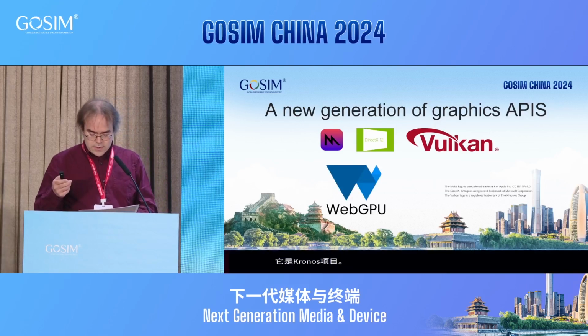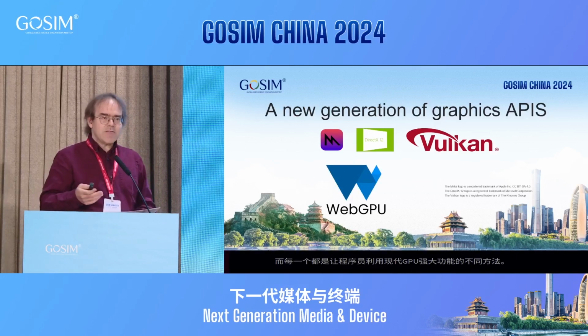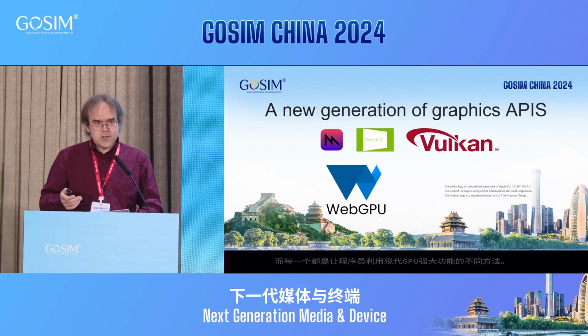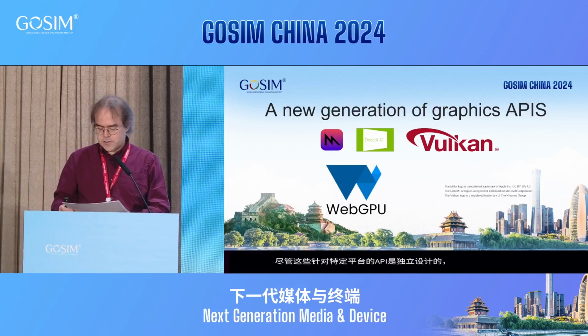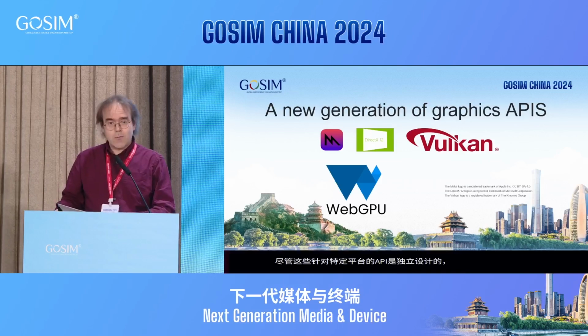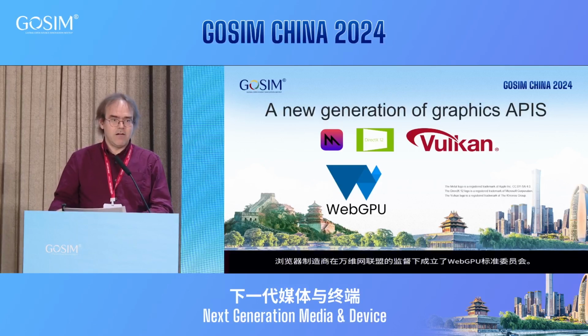And so what's really great is that even though these platform-specific APIs were designed independently, they actually have a lot of ideas in common. So in 2017, browser makers established the WebGPU Standards Committee in the care of the World Wide Web Consortium to design an API that web content could use to get at all of these new ideas that had appeared in these new APIs.